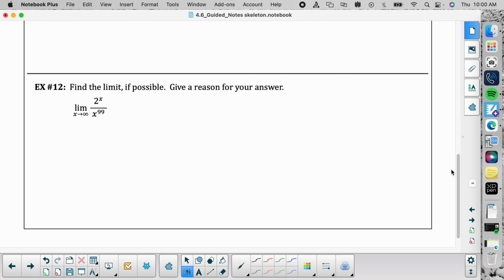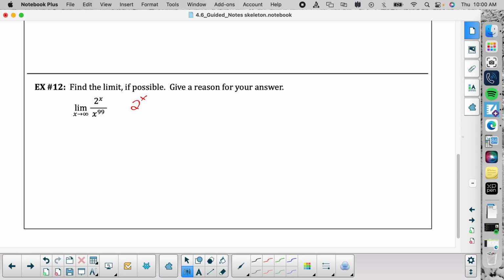Why do we hate this question? But we can figure out the answer without actually finishing it. So we're gonna use logic to finish. Now, what makes it worse is it's infinity over infinity, clearly. So derivative, what's the derivative of 2 to the x? You guys remember that one?